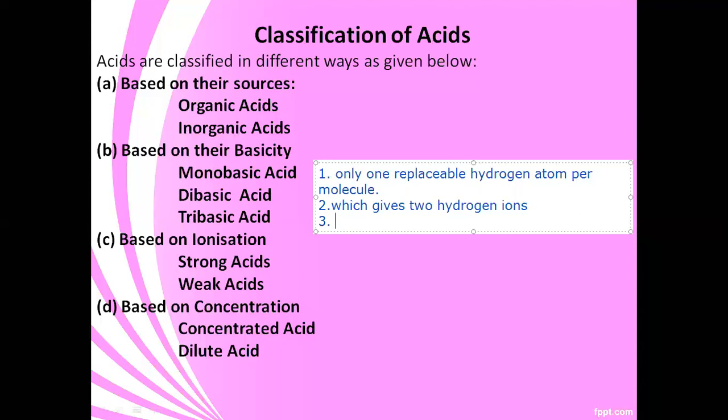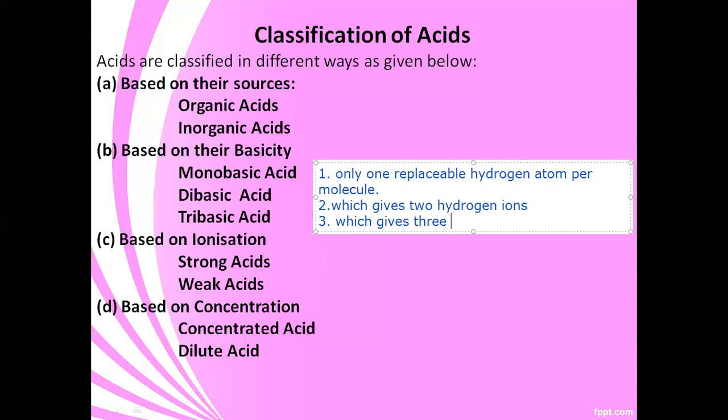That acid which gives 3 hydrogen ions per molecule is called tribasic acid. For example, all of you know that.